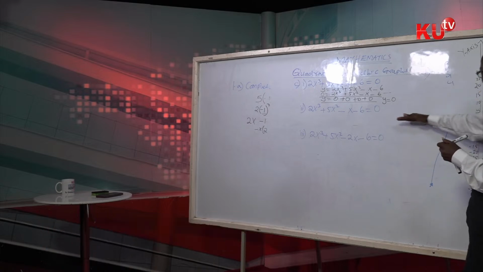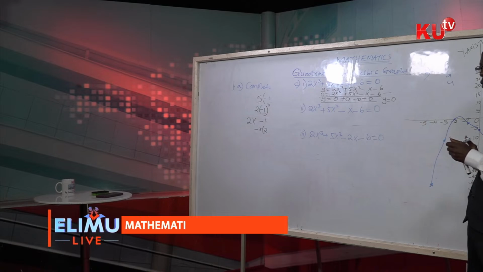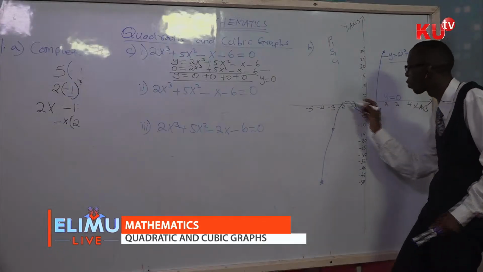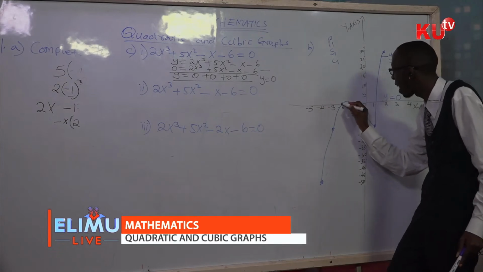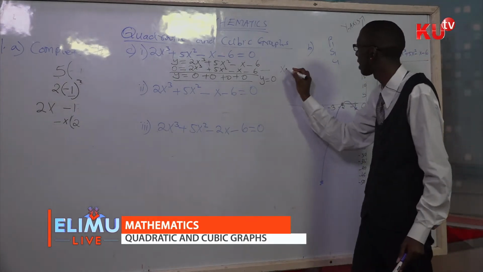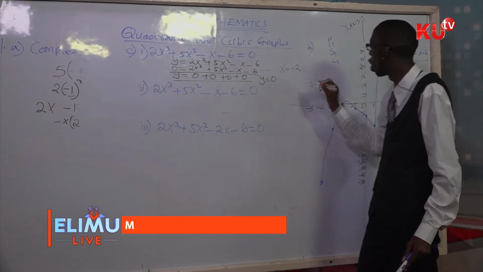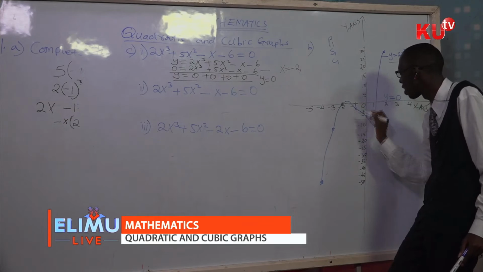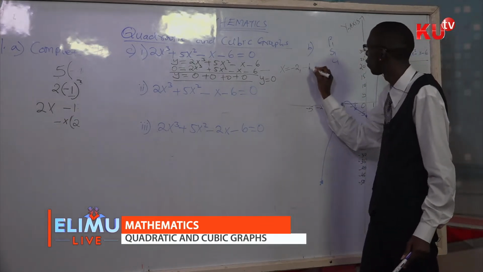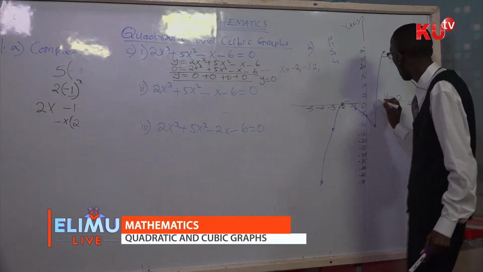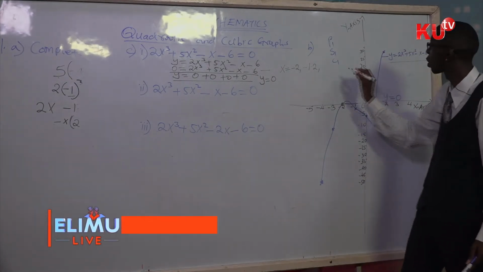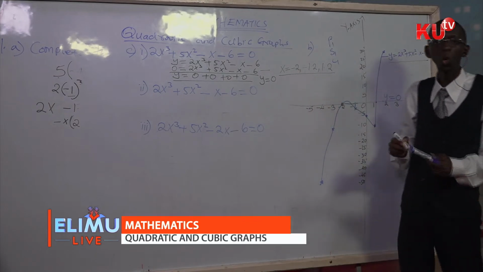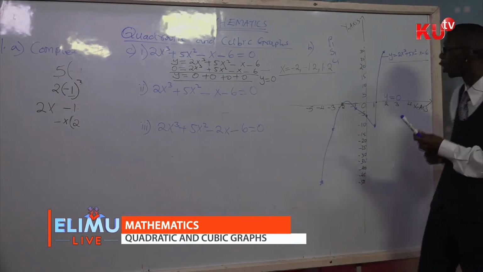So you'll come to your y is equals to 0, and where the graph touches the line y is equals to 0, which is the x-axis, you read those values of x. Mine are -2, so you'll come and write x is equals to -2, comma, another value of x is mine is -1.2, and another value of x is around 1.2.